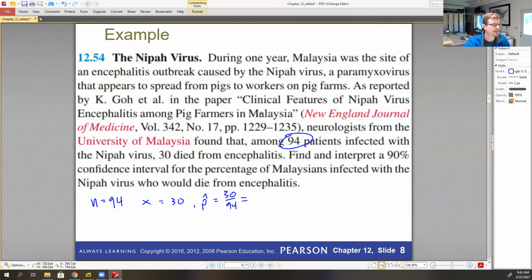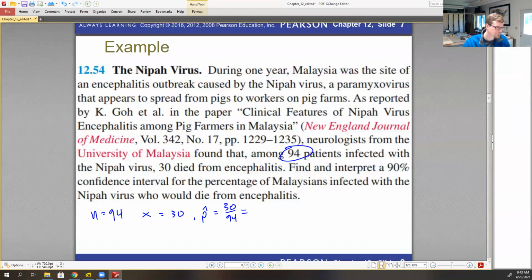And we can evaluate that, we can round it. Let's do a little bit of rounding. And that would give us 0.3191, and that should be pretty good. Of course, that continues on for a while as well. So we have n, we have x, we have p hat. We're given 90% confidence.